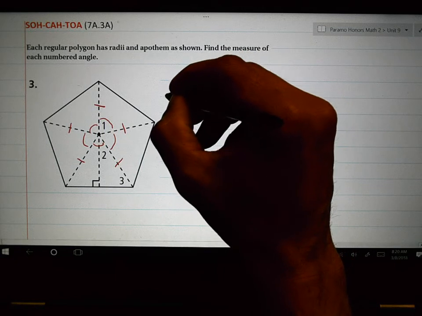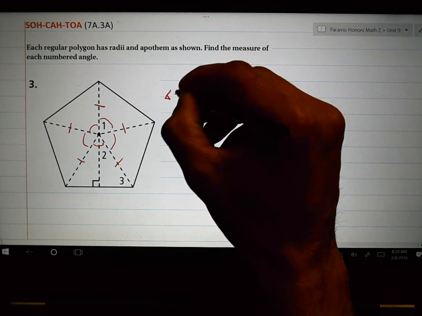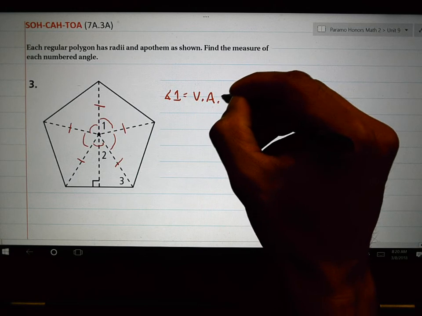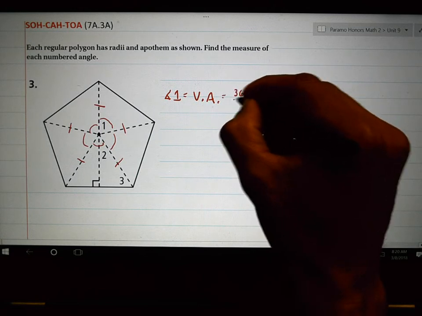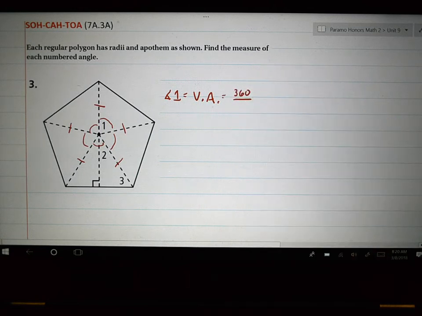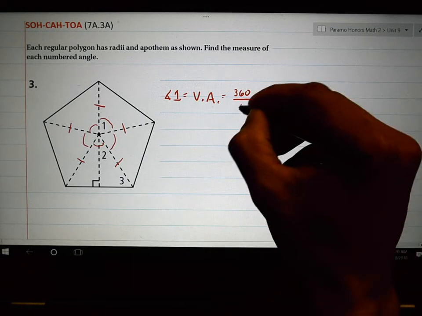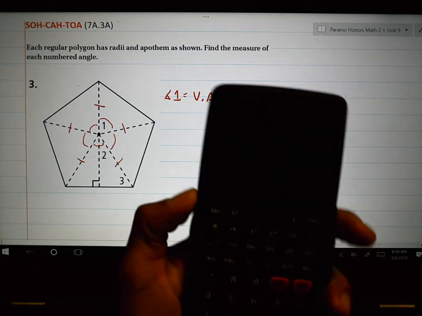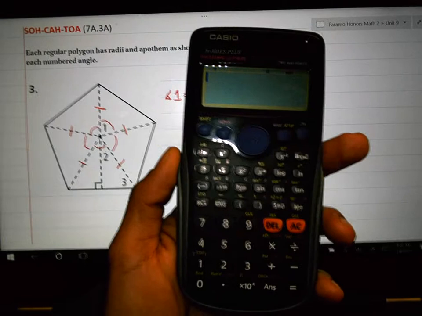So to find angle 1, I'm also going to call it a vertex angle. I'm going to do 360 degrees divided by what number? How many sides do we have in this pentagon? Now, I don't really like to do 360 divided by 5, so I am going to break out my calculator.